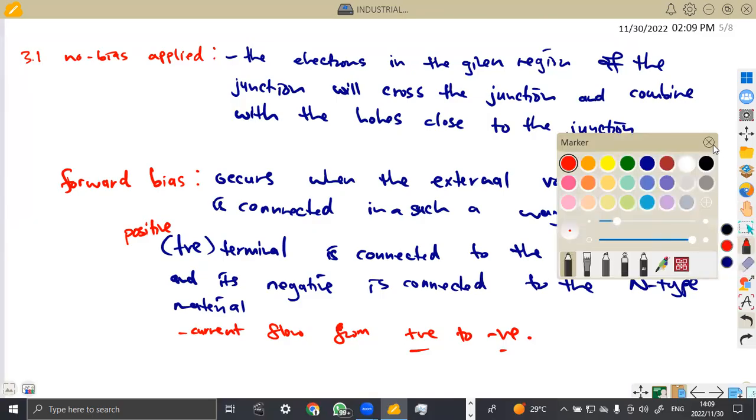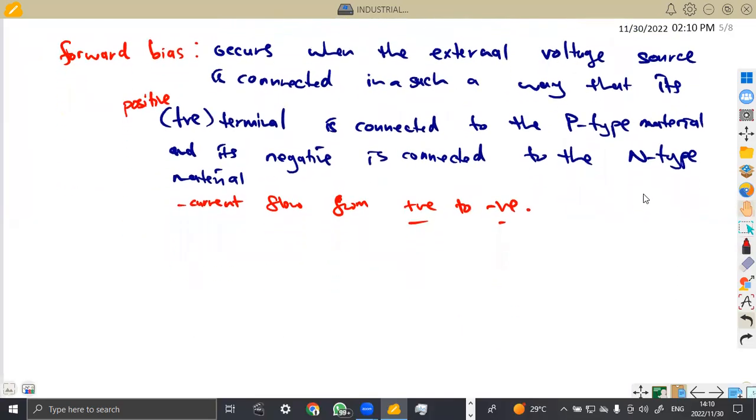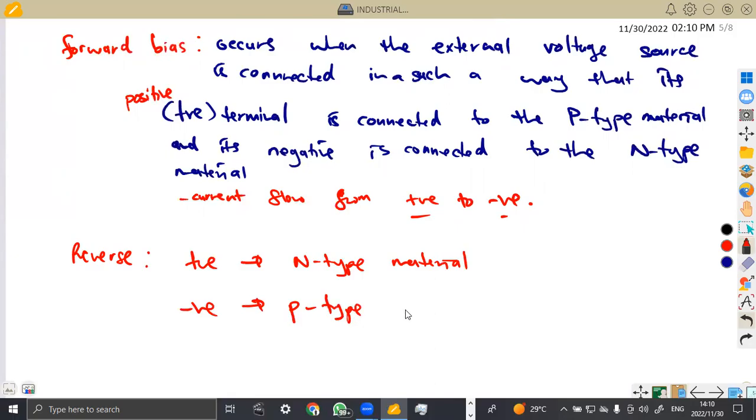Then it can be a reverse bias. So it can be no bias, a forward bias, then a reverse bias. What happens when it is reverse? Reverse bias is just the opposite of what we had here. This time the positive is connected to the n-type material, and the negative is connected to the p-type material.